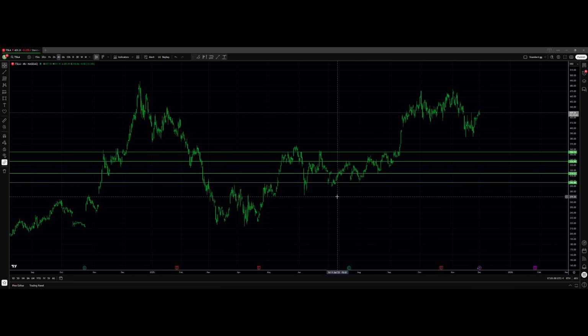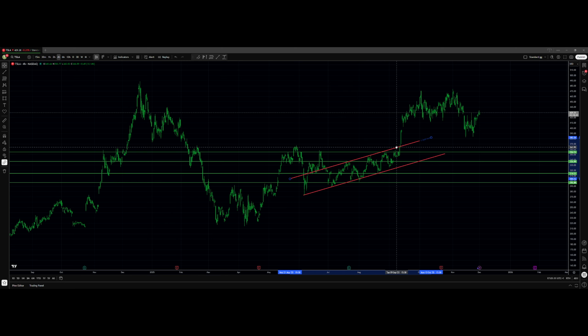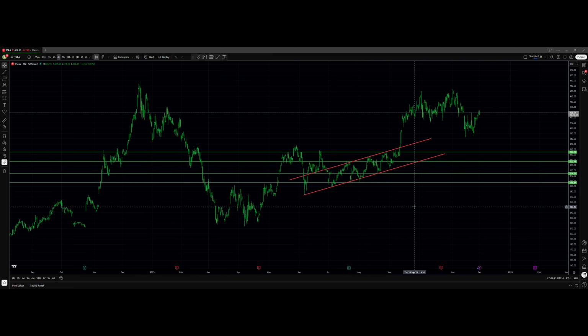Or what we could also do is use trend lines. If I draw a trend line, and I do it in red so that you see it more clearly, I'm going to duplicate this one and add one here. We have 2 trend lines versus 4 horizontal support and resistance lines.